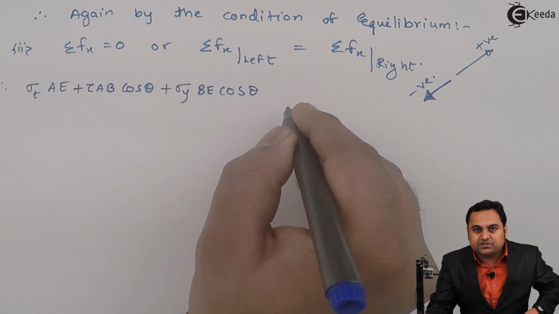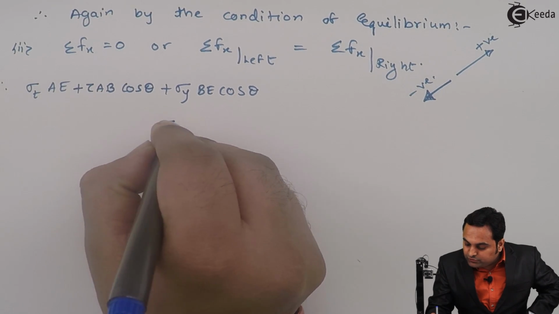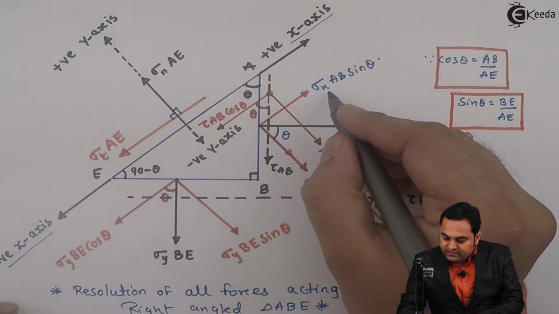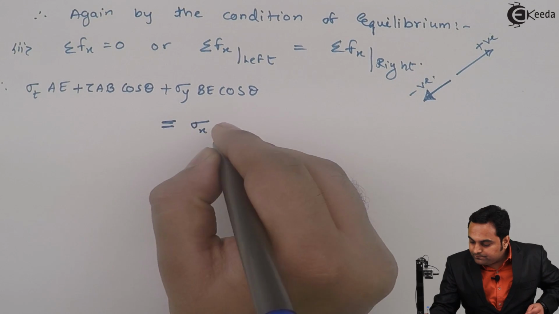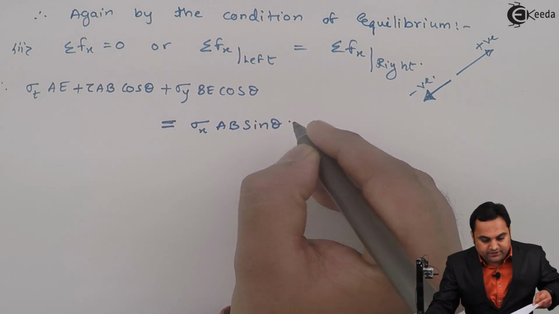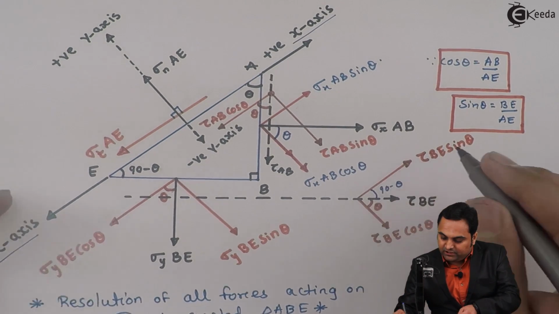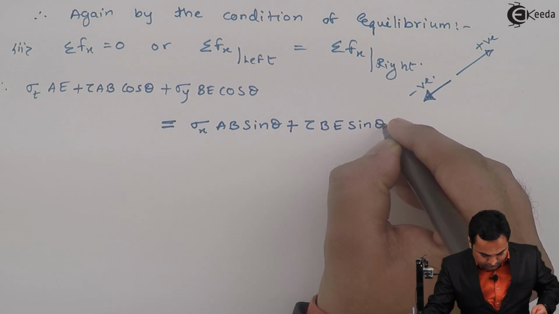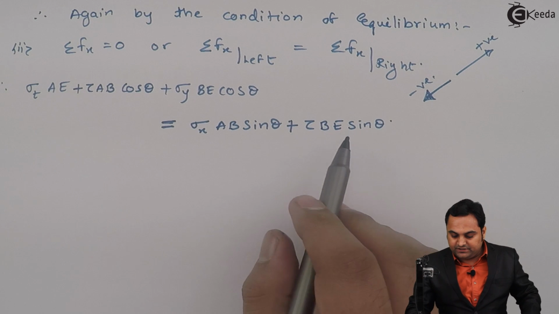Now these are the forces acting downward and parallel, equal to the forces acting upward and parallel. Out of them we have sigma x AB sin theta acting parallel and upward. Then we have tau BE sin theta acting parallel and upward. Then here we have only these forces which are acting on the right hand side.